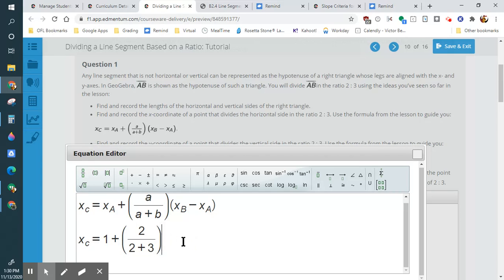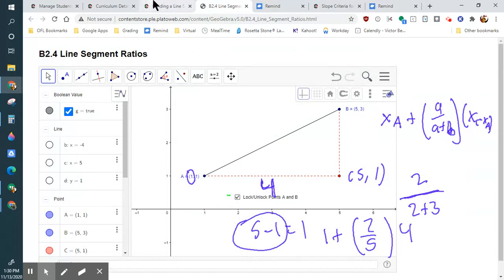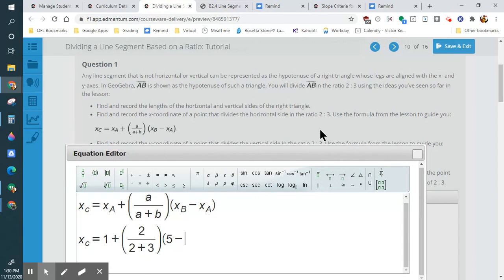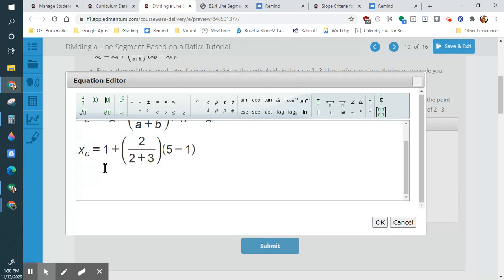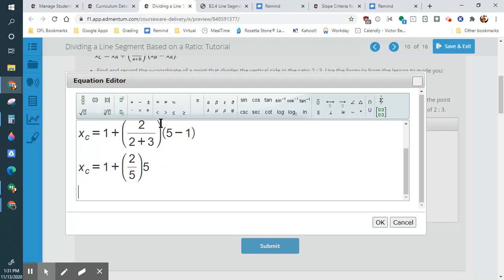And then our x of b. So this is our point B. X of B is 5, take away the 1 in our next line. I'm lazy, so I tend to do this. Control V equals 1 plus our fraction 2 fifths, 5, and then we end up getting x of c.